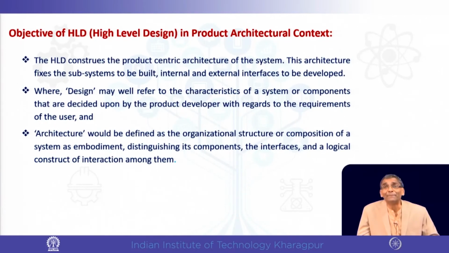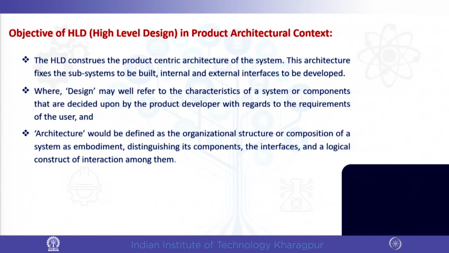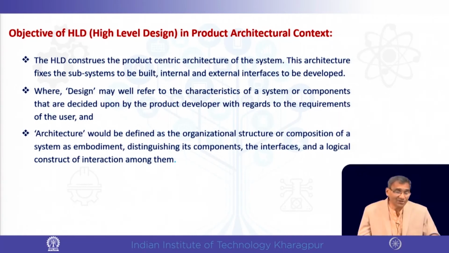Then we would talk on the architecture, saying it would be defined as the organizational structure or composition of a system as embodiment, distinguishing its components, the interfaces, and a logical construct of interaction among them.